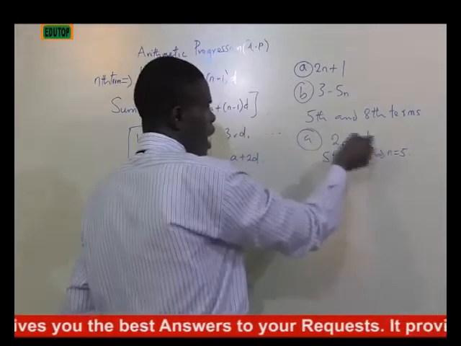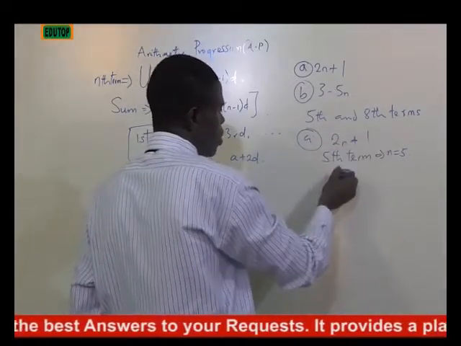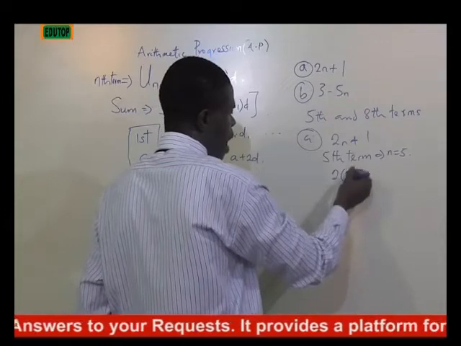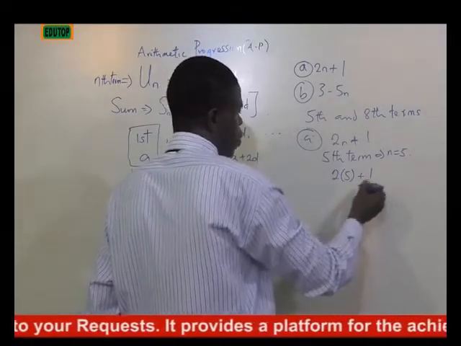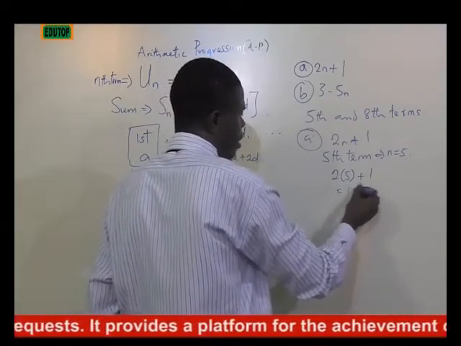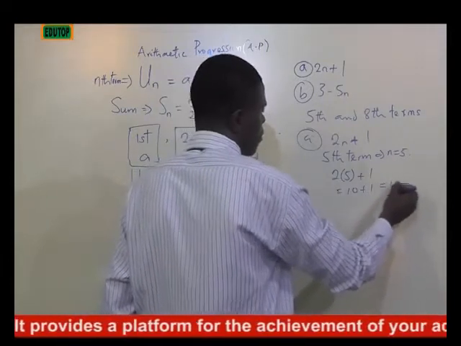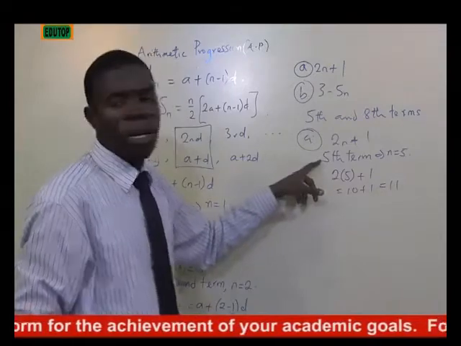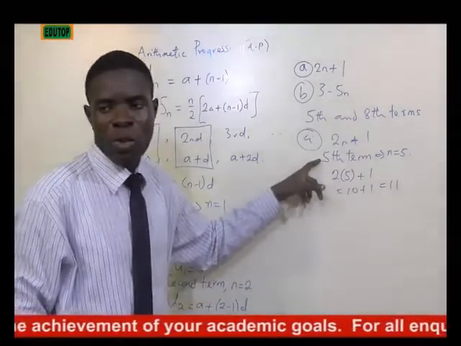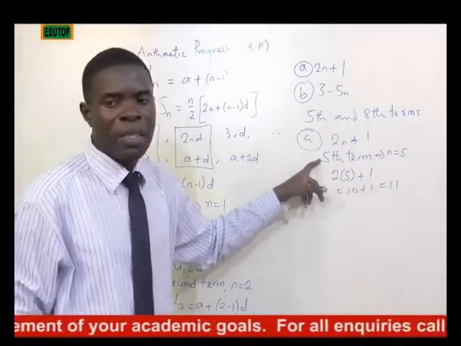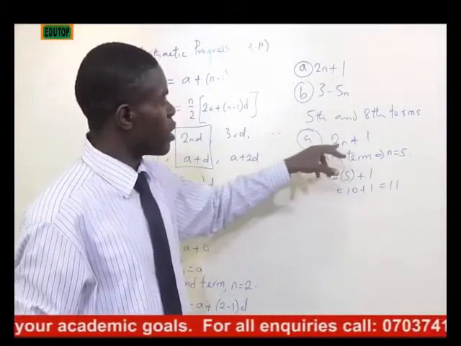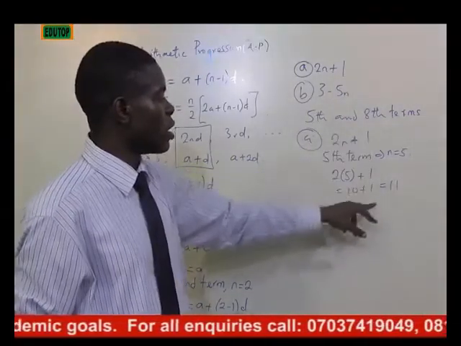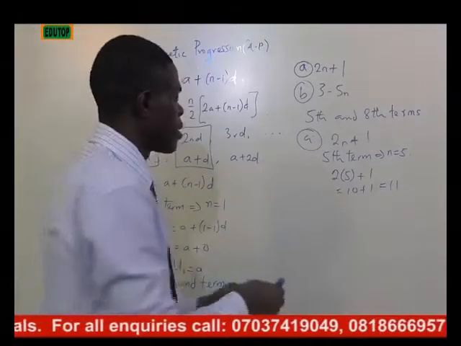So substituting n into this expression, we have 2 into 5 plus 1, and 2 times 5 gives 10. 10 plus 1 is 11. So the fifth term with respect to this expression is 11 for the first case.